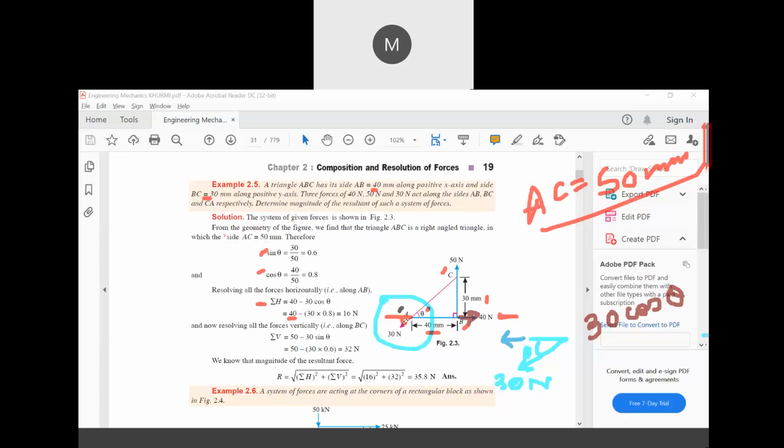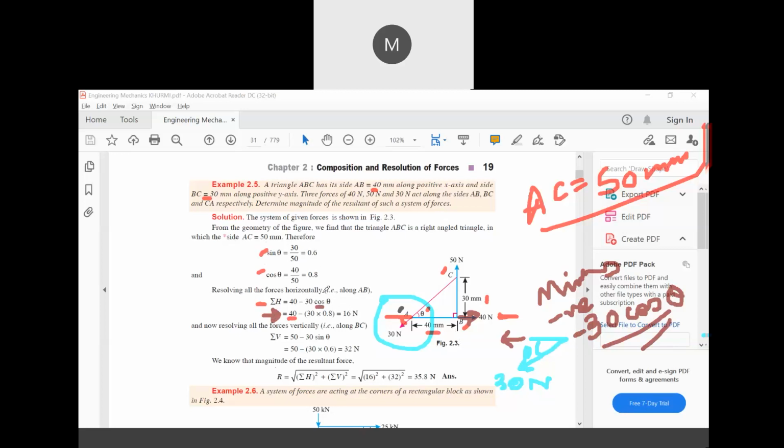So definitely, this 30 part will be negative. That is why this 30 cos theta we will write as minus 30 cos theta. So we are putting it here: 40 minus 30 cos theta.